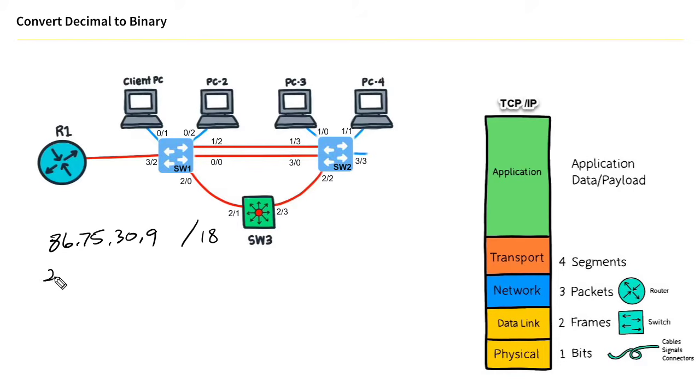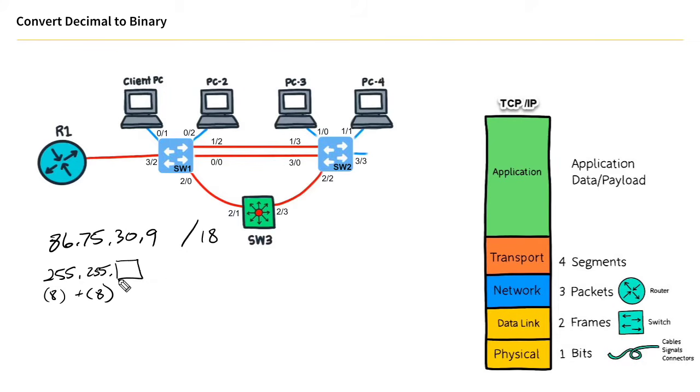Because I know the first number in the mask would be 255, no problem there, because that's 8 bits. And then the second octet in the mask would be another 8 bits. That's 8 more, and that would take us to 16. But how do we represent 2 bits in this third octet here?